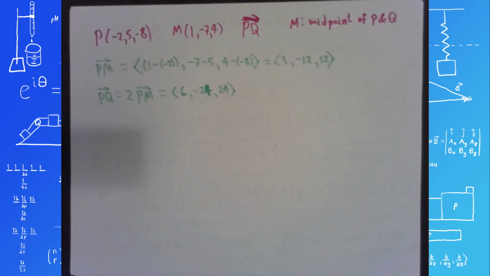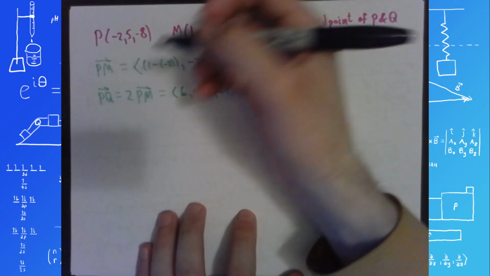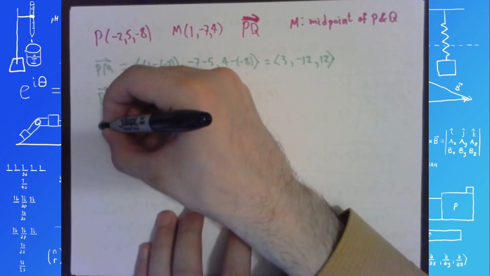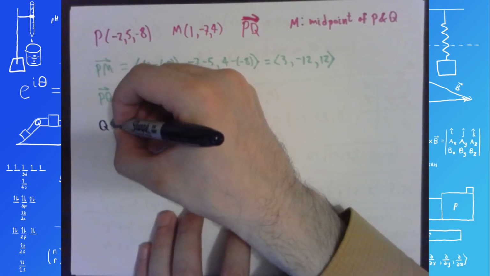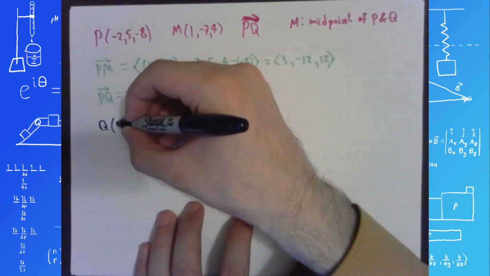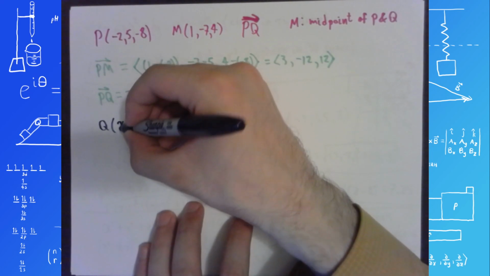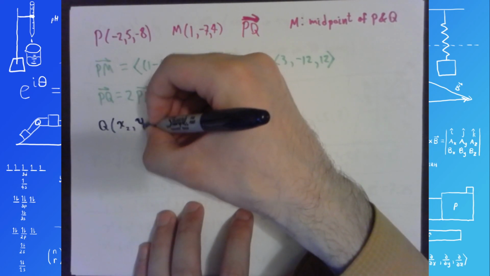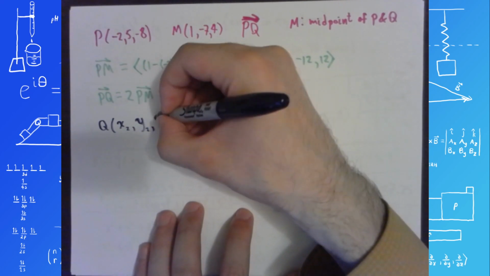Another route we can take is figuring out where the point Q is, which is not actually going to be too bad. Let Q be (x2, y2, z2).